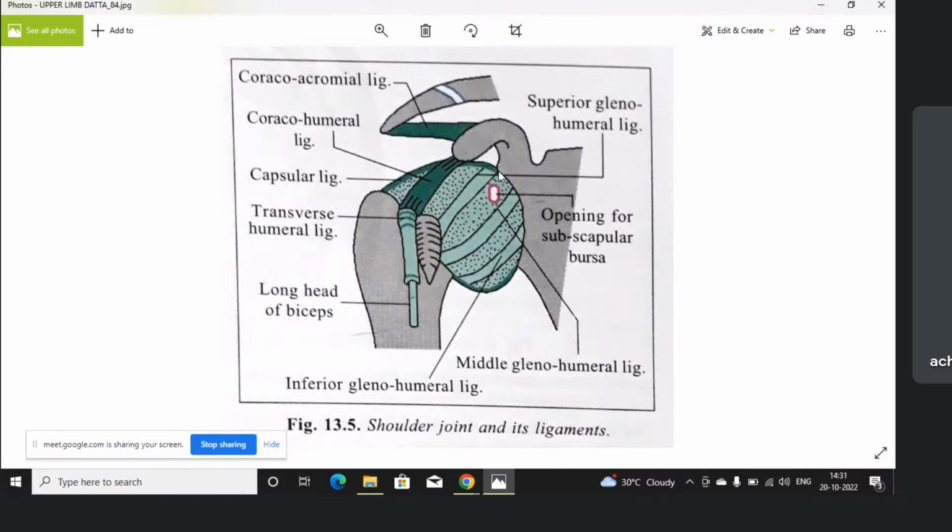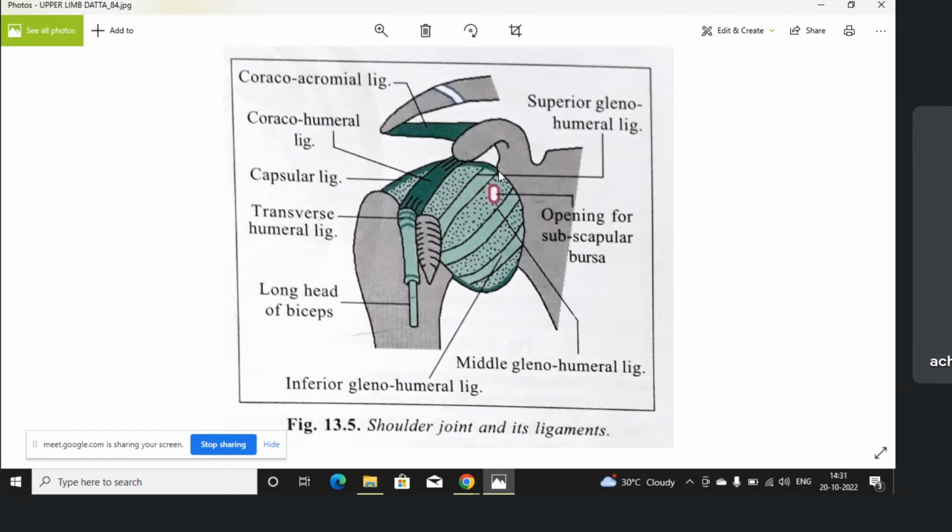In the humerus, there are three types of necks. Number 1 is the anatomical neck, number 2 is the surgical neck, and number 3 is the morphological neck. Whenever we do a coronal section, we get the morphological neck.